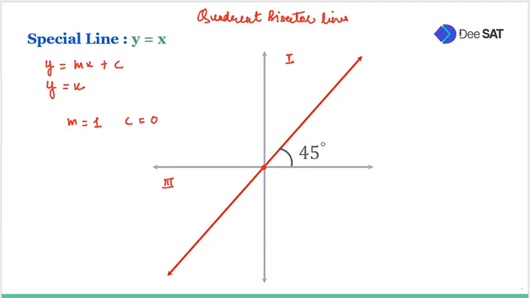Further, the more information that we can grab from here is, in this particular line, we will have an equivalent value of x for every value of y. So the points or coordinates on this line will be 0, 0. You can say it is 1, comma 1. It can be 2, comma 2. On the negative side, it can be negative 1, comma negative 1. It can be negative 2, comma negative 2, and so on.